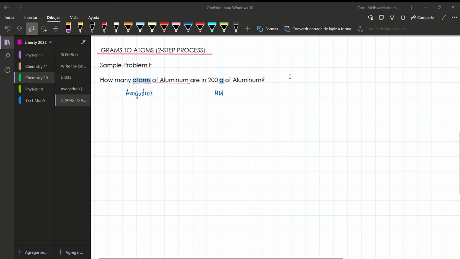Okay, let's begin. We start with the given, 200 grams of aluminum, and I'm going to place it over 1. If I have grams here, what conversion factor do I have to use first? Avogadro's or molar mass?